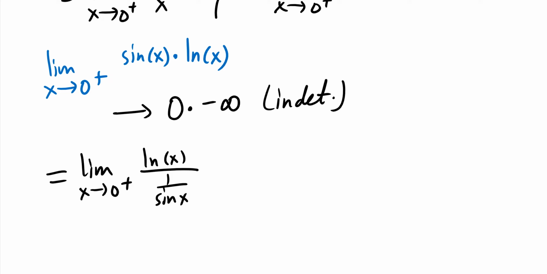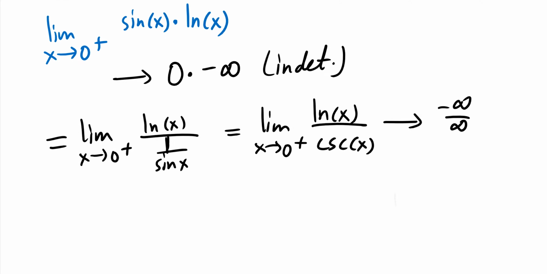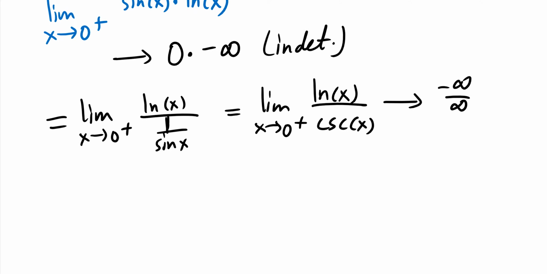But before I find derivatives or pass the limits, another good thing to do here is to take this complicated fraction 1 over sine and write it as cosecant. And if you look at the graph of this one, that's negative infinity over infinity. So what we need to do in this case is use L'Hopital's rule.